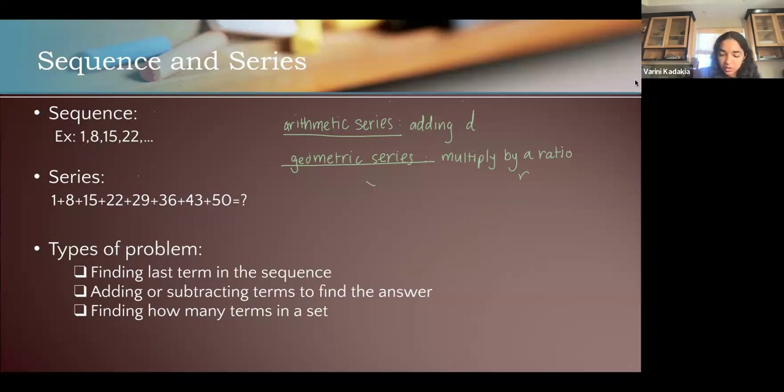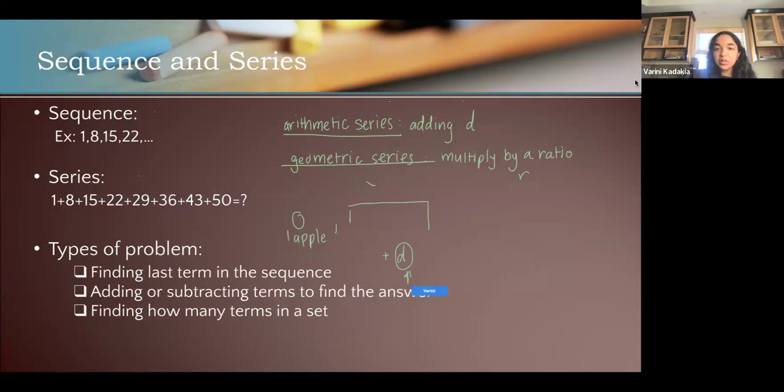Okay, so basically an arithmetic series, think of it as you have one apple. So here's one apple, right? In an arithmetic series, the next amount of apples you'd have, you'd add some d, or some other number, and this number would be constant.